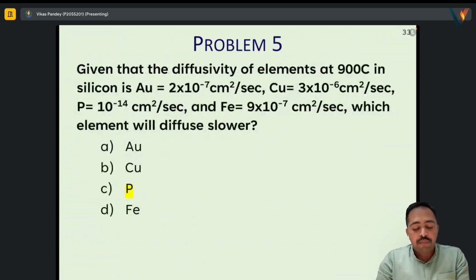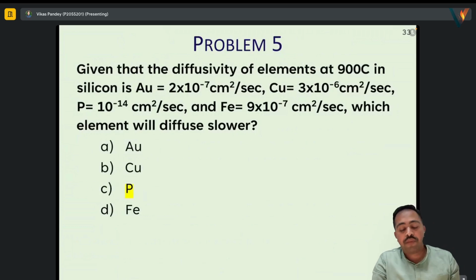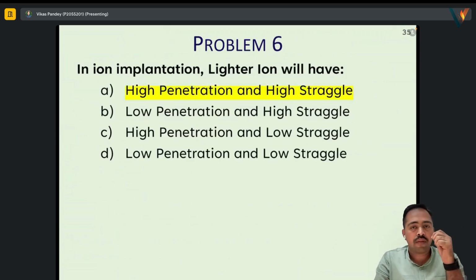In ion implantation, lighter ions, we are talking about problem 6. In ion implantation, lighter ions will have high penetration and high straggle, low penetration and high straggle, high penetration and low straggle, or low penetration and low straggle.